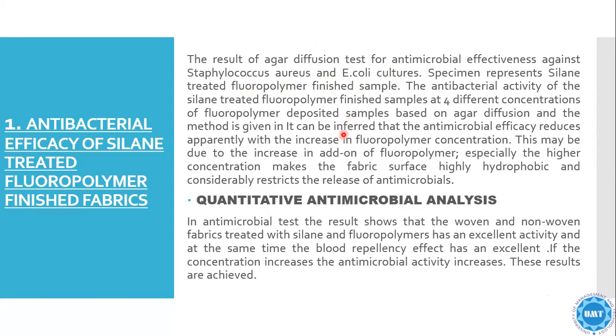The antibacterial activity of the silane and polymer treated samples at 4 different concentrations of the fluoropolymer, based on the agar diffusion method, is given. Quantitative antimicrobial analysis shows that the woven and non-woven fabrics treated with silane and the fluoropolymers have excellent activity, and at the same time, blood repellency is also excellent. If the concentration increases, antimicrobial activity increases.